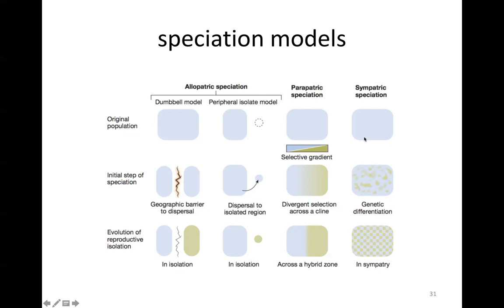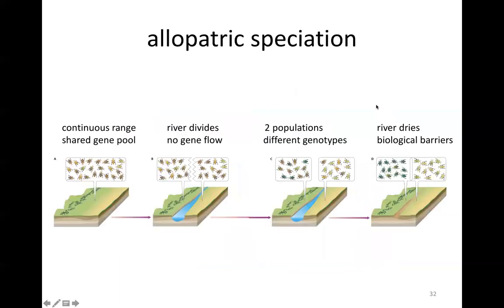But you can have environmental heterogeneity, or you can have genetic events that lead to the emergence of two or more groups within the same region, where there is no physical barrier between the groups, but environmental heterogeneity or polyploidy can lead to such outcomes, species emerging in allopatry, parapatry, sympatry. So first we'll discuss allopatry.